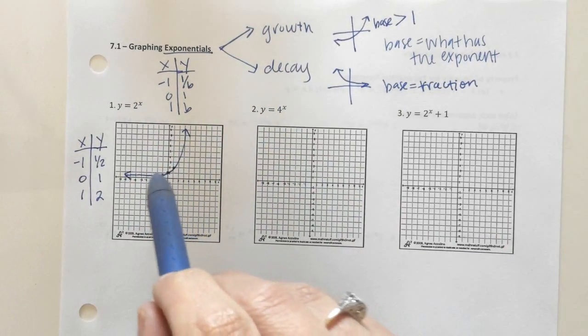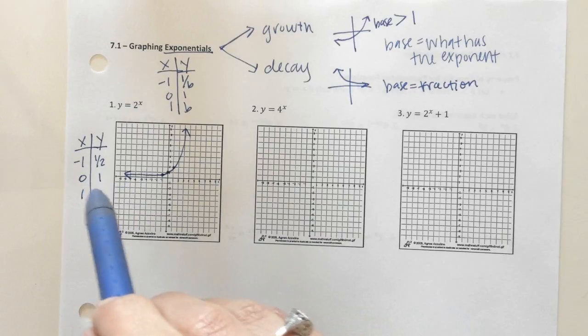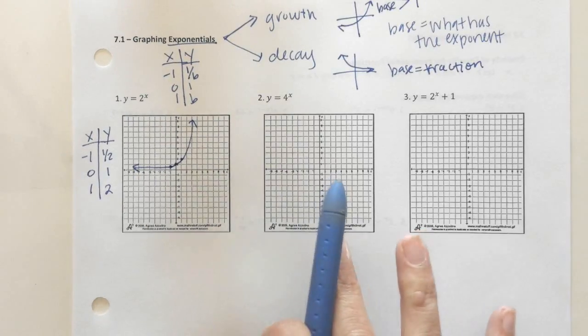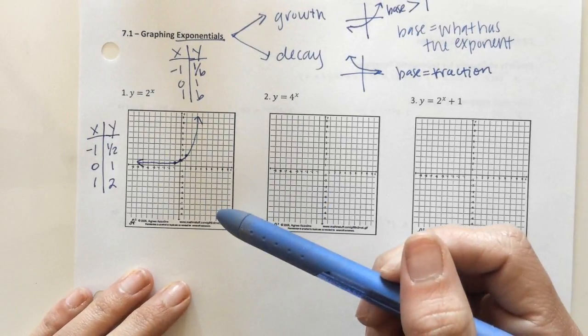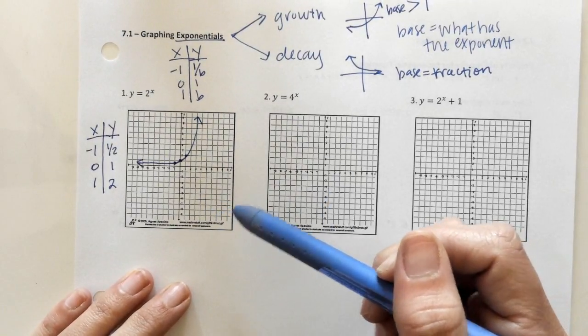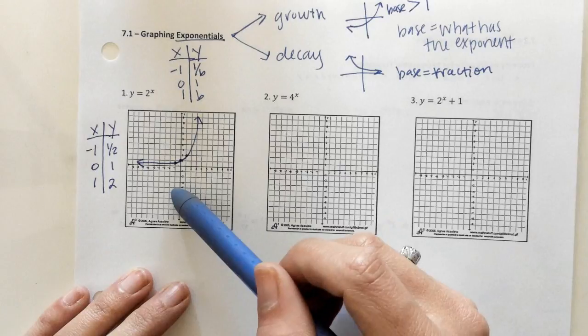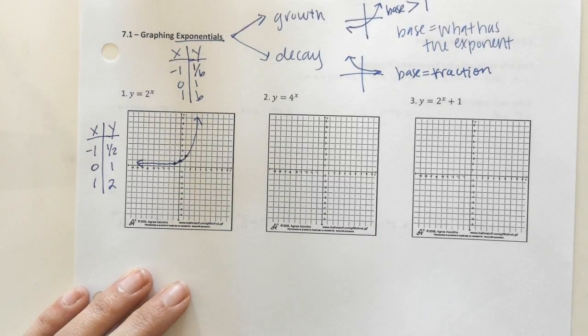Now make sure on this side of your graph that this line is approaching 0. The reason it approaches 0, can we have negative exponents? No, y'all know this. No negative exponent, so it can't go past 0 right here unless we get to transformations.